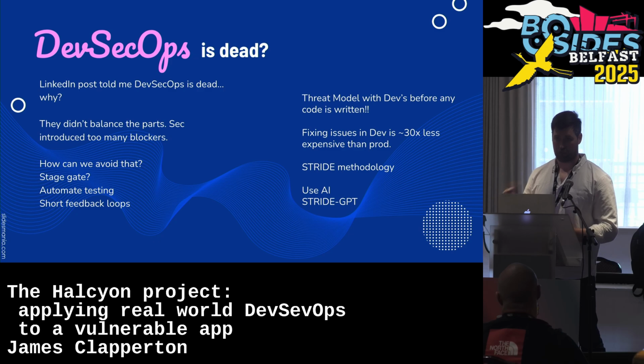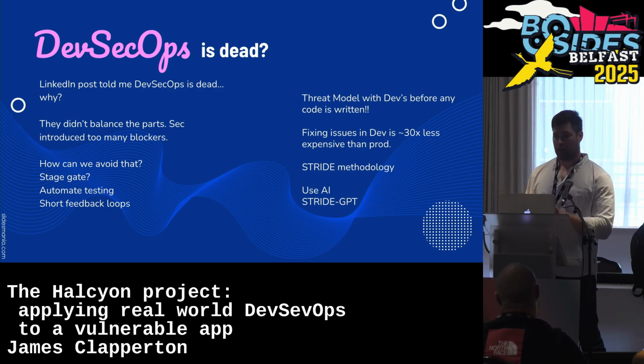So if something does crop up, developers know about it straight away. Maybe we could use an IDE plugin, so as the developers are writing the code, it's going to flag up and say, hey, by the way, you've introduced a buffer overflow here or something, let's fix that before it's even put into a commit.